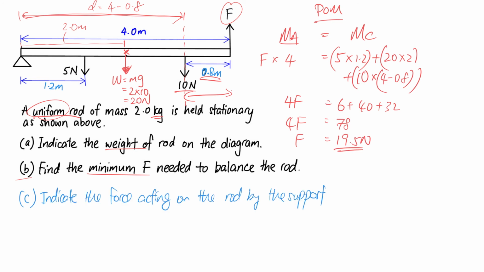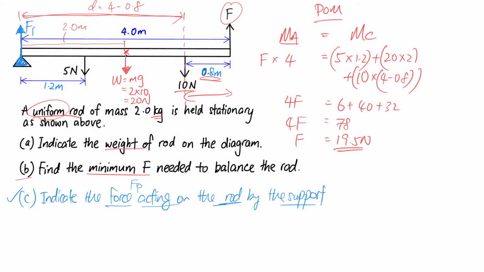Now let's extend the question, part C. Indicate the force FP acting on the rod by the support. This is the support, at the pivot here, and the rod is resting on it. So some students may be confused. Do I draw the force upwards or downwards? The answer is that this support is actually pushing the rod upwards to support it.